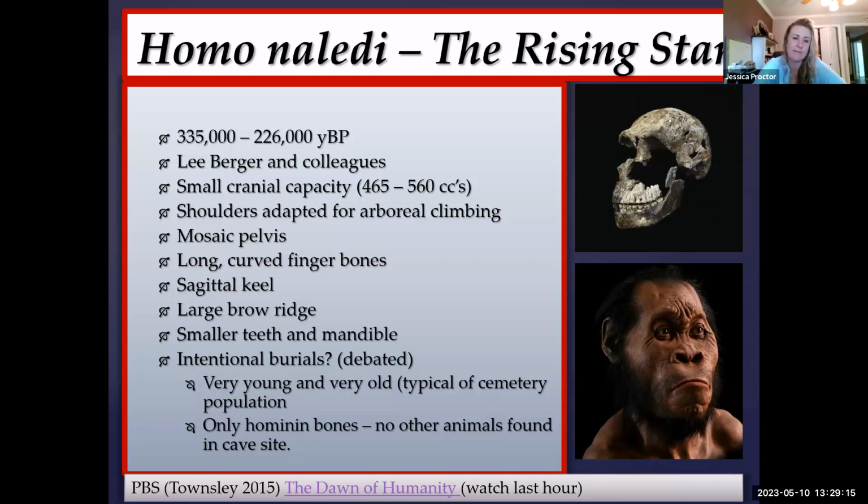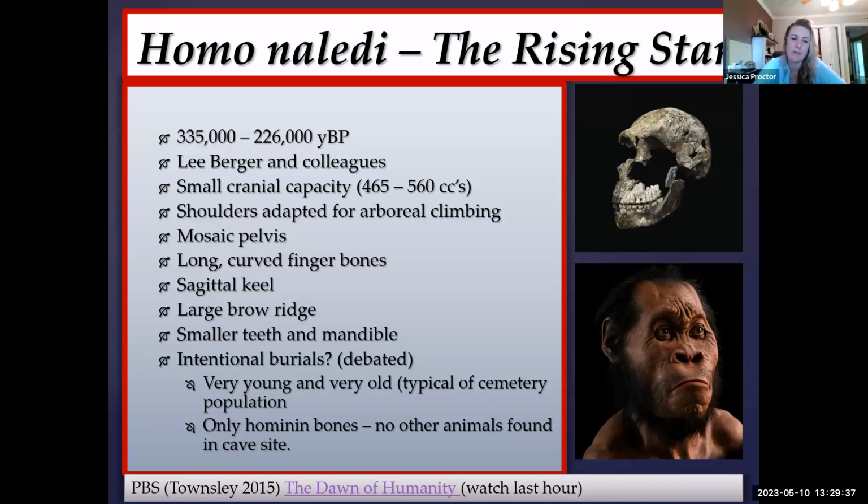The other shocking thing was the evidence that this particular cave site was an intentional burial site. The reason they think this is that at this cave site, they only find remains of the very young and the very old, which is typical of a cemetery population. Even if you look at cemeteries of modern-day humans, it's common to find a higher incidence of the very young and the very old.